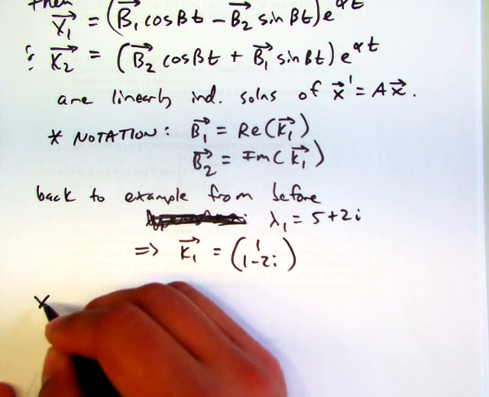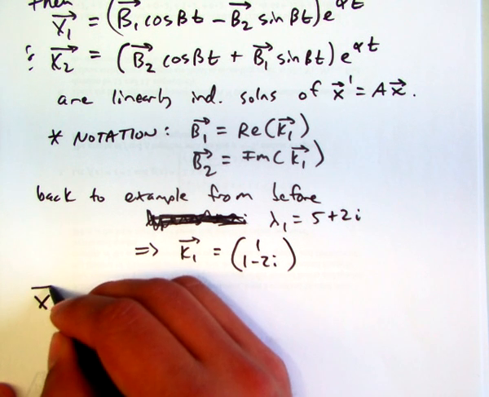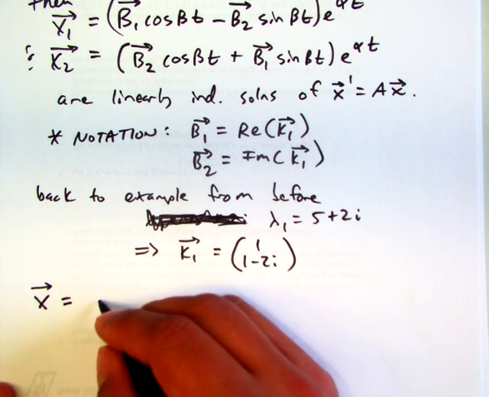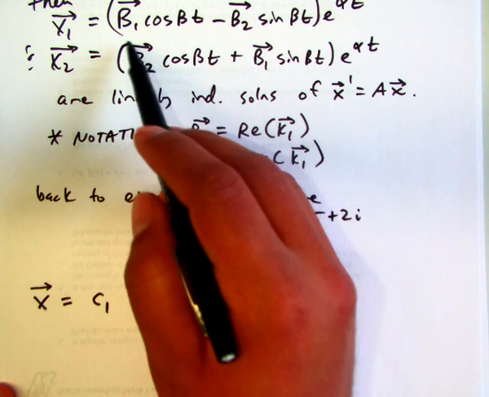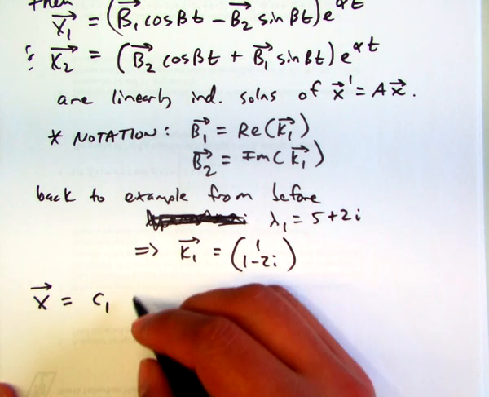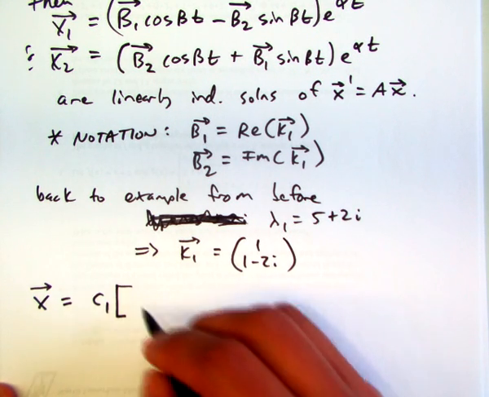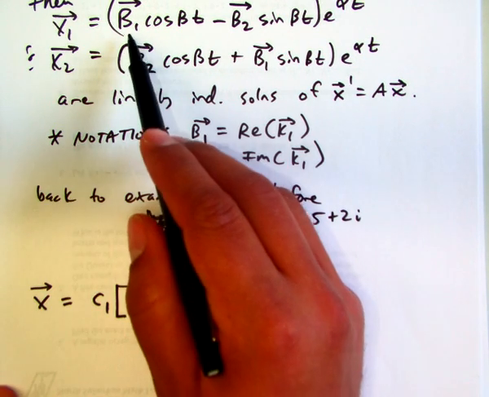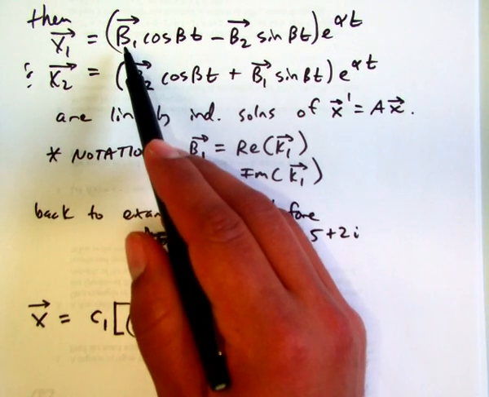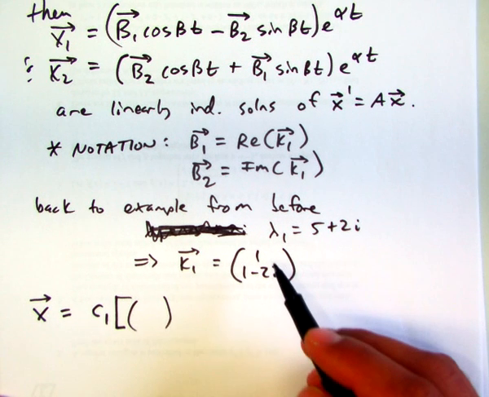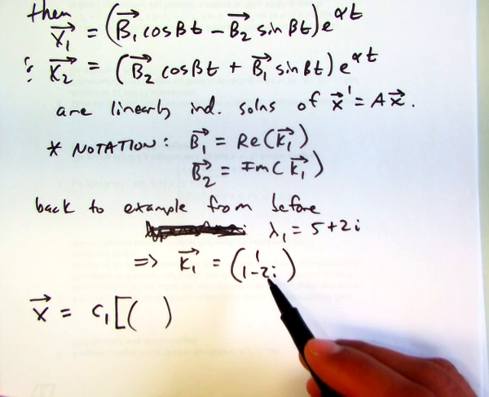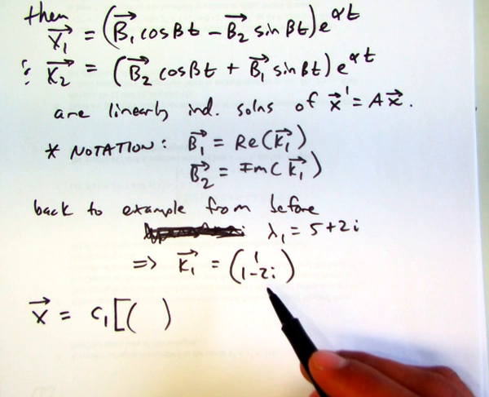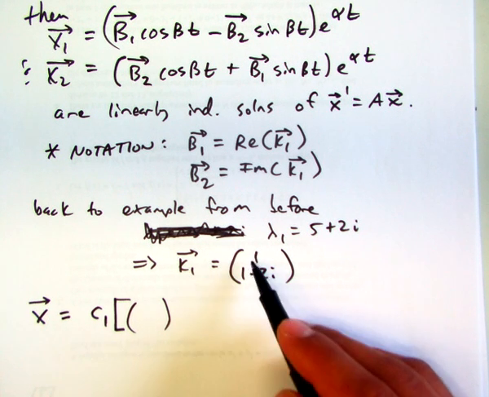x is going to be C1, and now we'll use exactly this pattern here, times the quantity of, and again, b1 is just the real part of your eigenvector. So if you look at this vector, what's the real part? Literally, 1 for the top, and then what's the real part of the bottom?